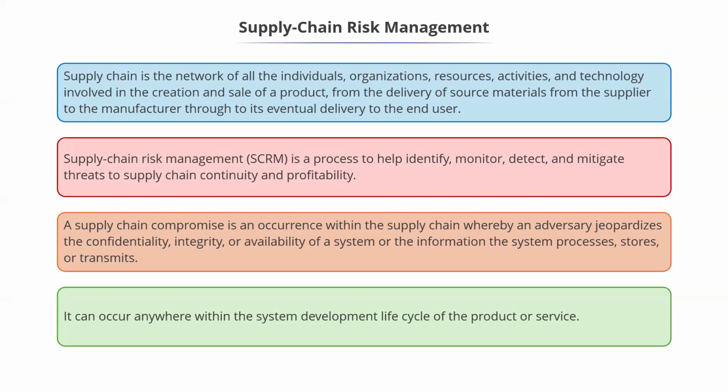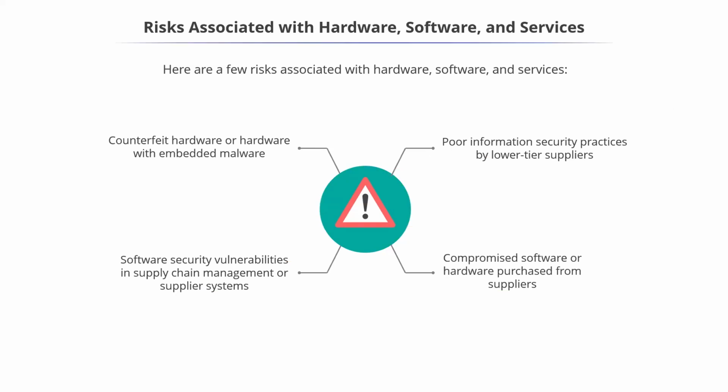Supply chain compromise can occur anywhere within the supply chain, whereby an adversary jeopardizes the CIA of a system. It can occur anywhere within the SDLC or a product or service. Like you have seen in the example which I shared with you, they have compromised the supply chain.